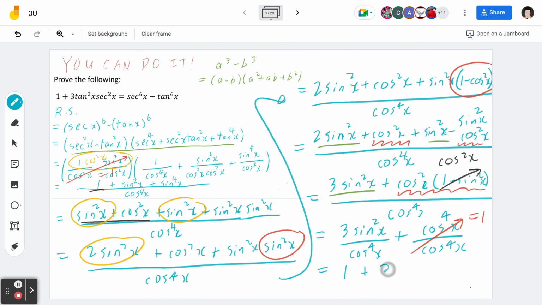The 3 I can also write. But if you think about the denominator, right, and I'll erase this for you. This cosine x to the 4, isn't that the same as cosine x squared, cosine x squared? You can multiply it like that. And if you think about sine over cosine, that's going to be tan x. In this case, tan x squared. 1 divided by cosine is going to be secant x squared, which is precisely the same as the left-hand side.